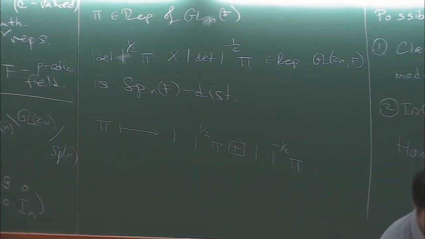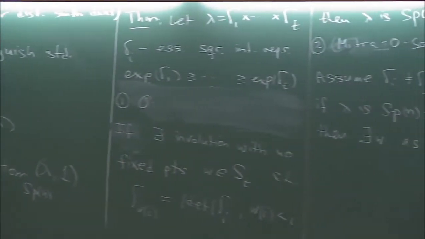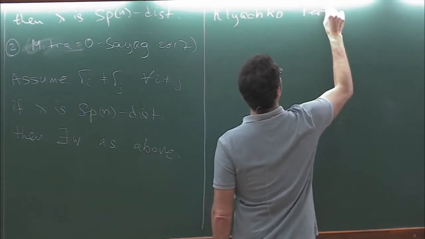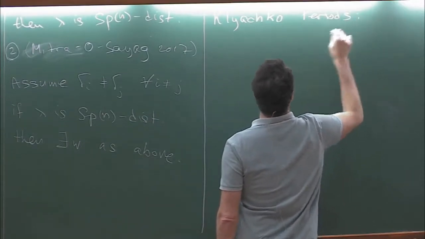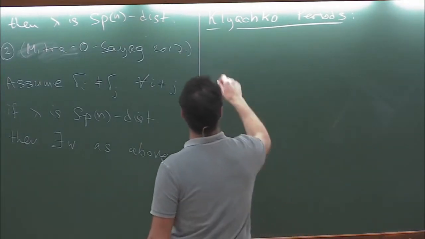So let me recall the family of periods that I'd like to consider. They were introduced by Kaliechko. So we're basically looking at the following subgroups.